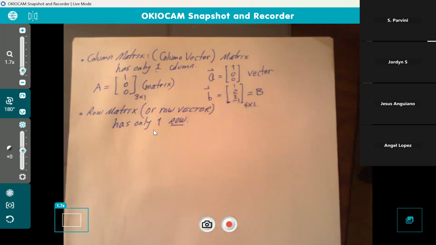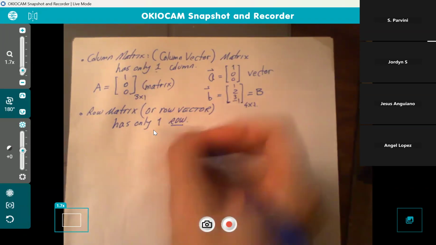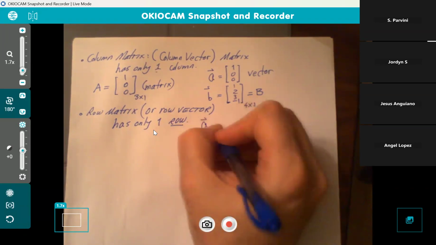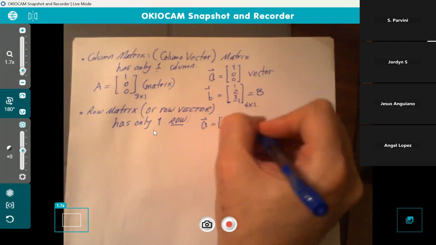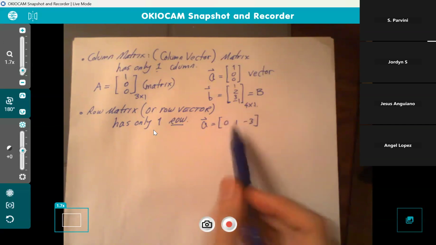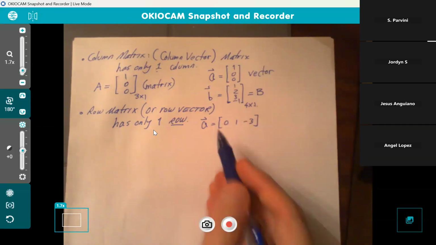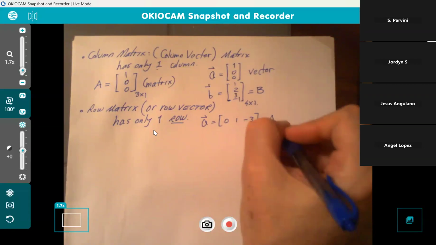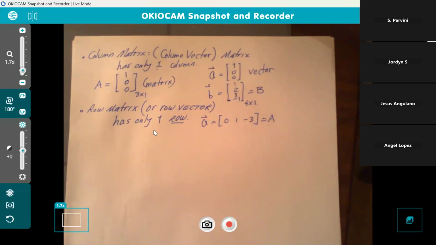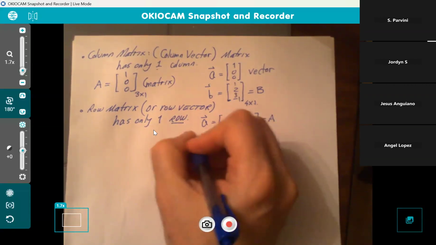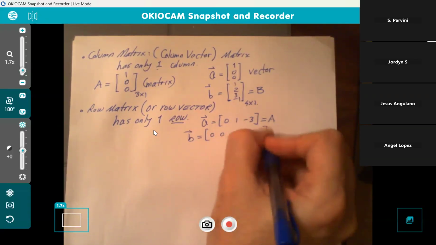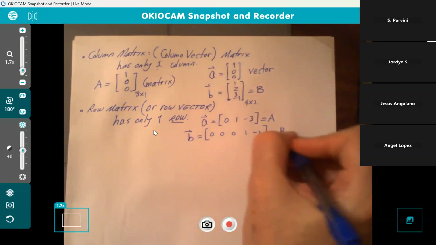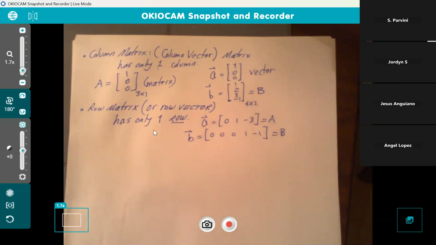This time as a vector, vector A could be 0, 1, negative 3. Say I have one row and 3 columns. This would be capital A if I think of it as a matrix. Row vector B could be 0, 0, 0, 1, negative 1. You see that? I can think of it as a matrix B. It has one row and 5 columns.